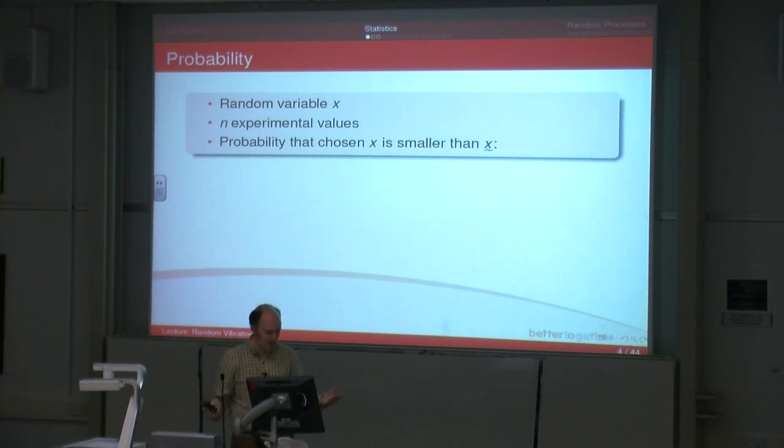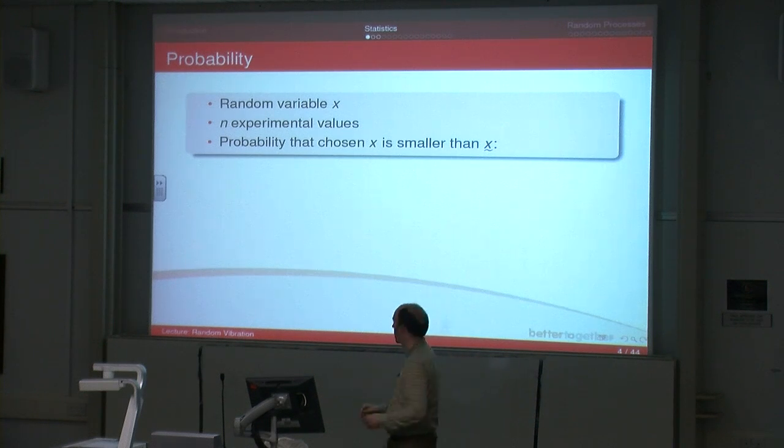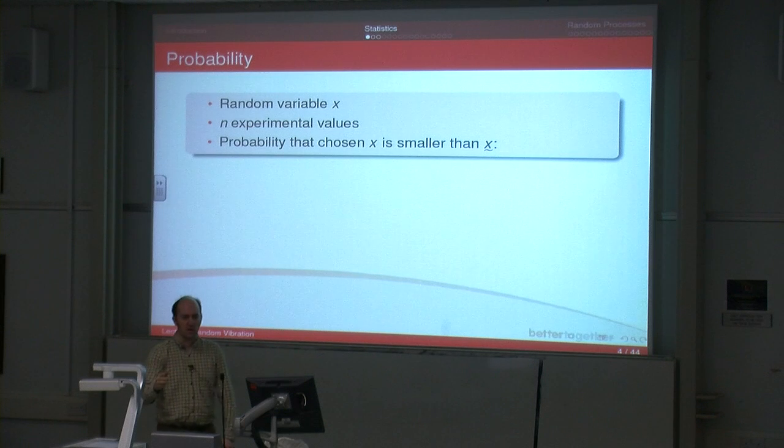So let's say I'm measuring something and I'm getting measurements between, say, 0 and 5. I want to work out the probability that what I'm measuring is less than or equal to 3. So this value here would be 3, and x is going to be some number between 0 and 5. Some of those n values will be greater than 3, some of them will be less than 3.